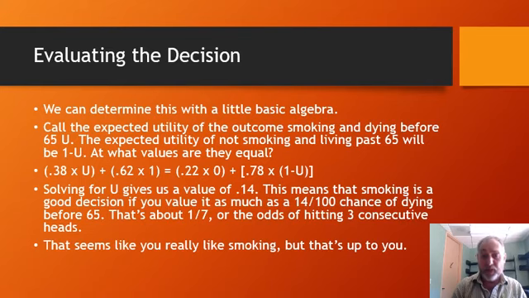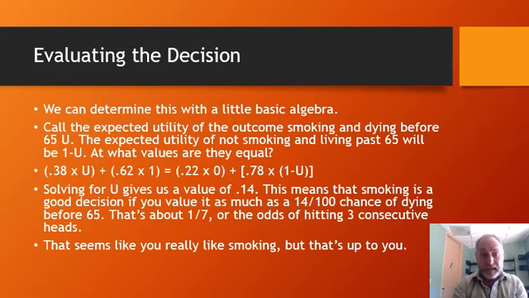So what we want to know is what values would be assigned to those boxes that would make the expected utility equal. So that is just this little algebra problem right here.